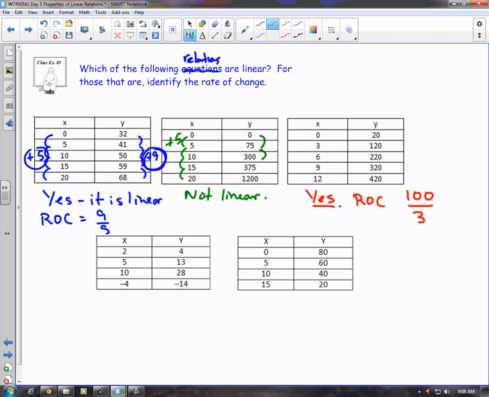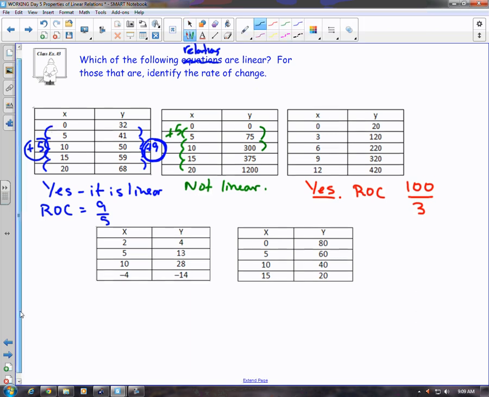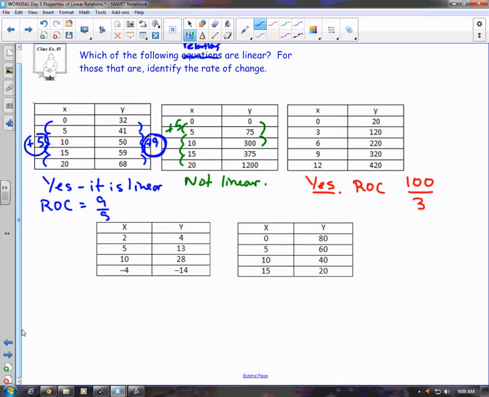Any questions on how we got either of those? Next one down here on the left-hand side. This one is also linear. And the rate of change on this one works out to be 3.